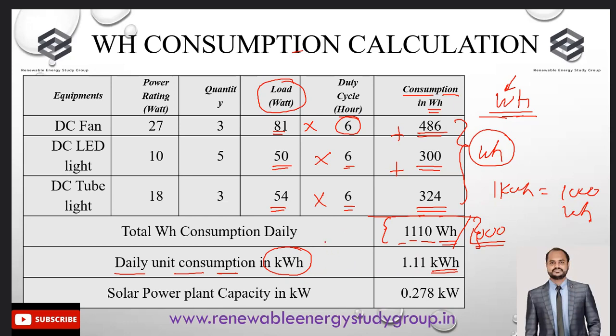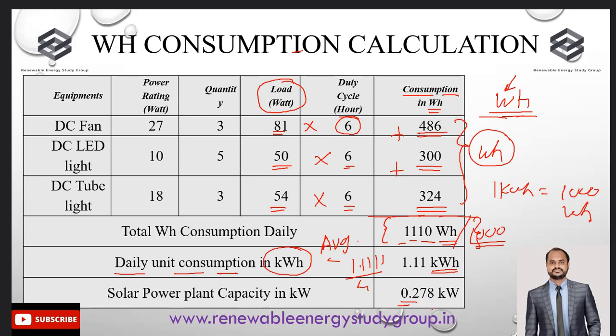The average sunshine hours typically differ from location to location and country to country. Let's say the average sunshine hour in this case study is 4. So we divide 1.11 kilowatt hour by 4 and we get the answer as 0.278 kilowatt.